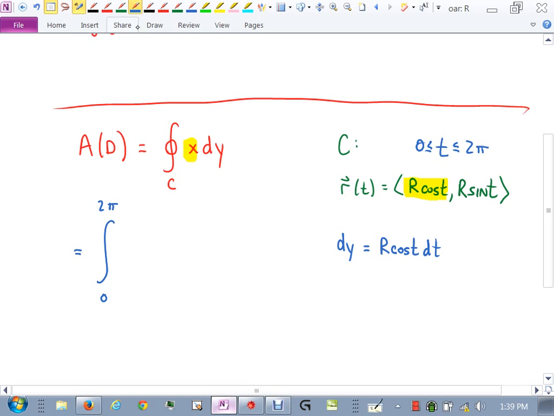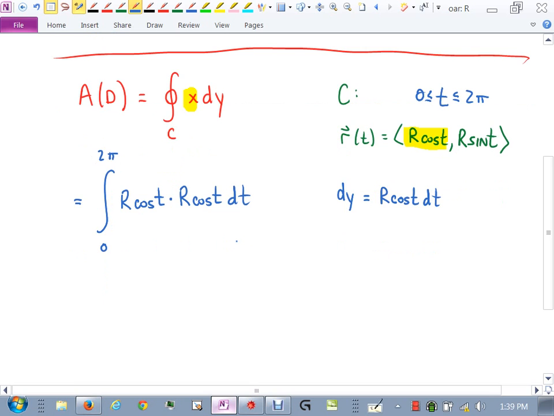R cosine t. What's dy? R cosine t dt. Would you already agree with me that this is more complicated than just using the double integral? Okay, but it's just to show you it works. That's all this is, verification that we can go the other way with it.